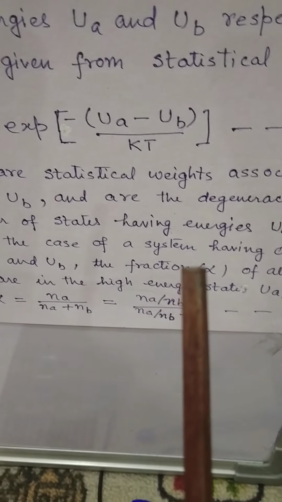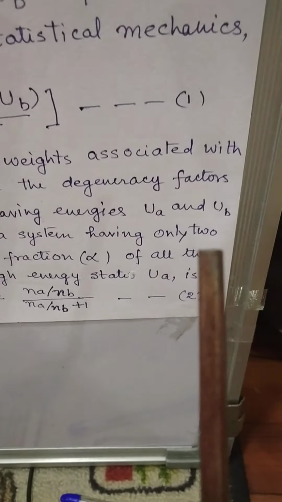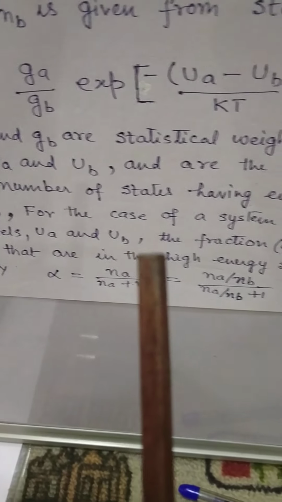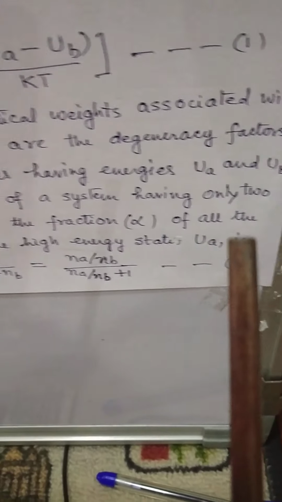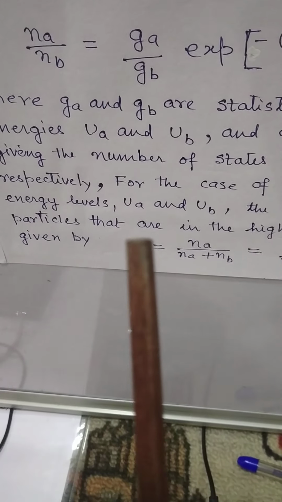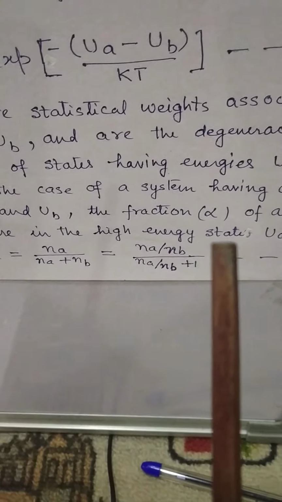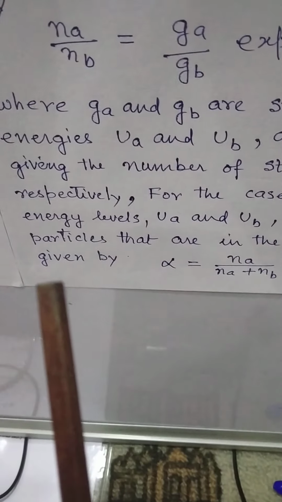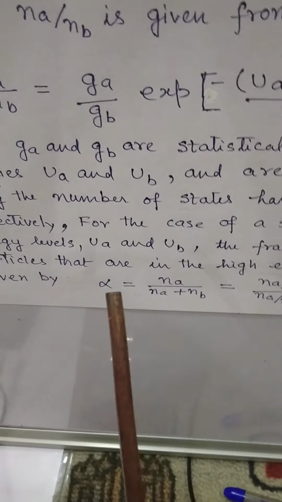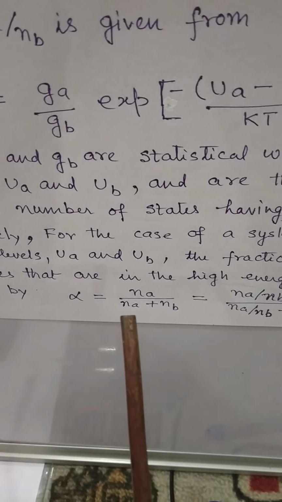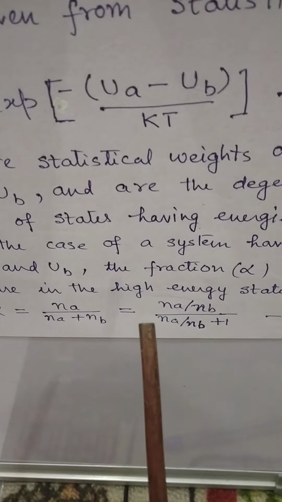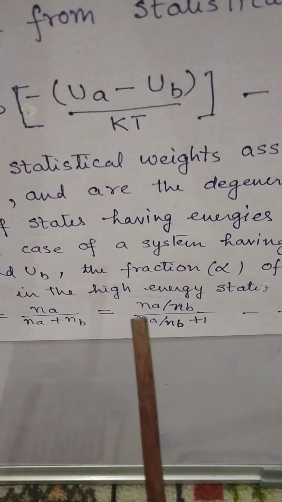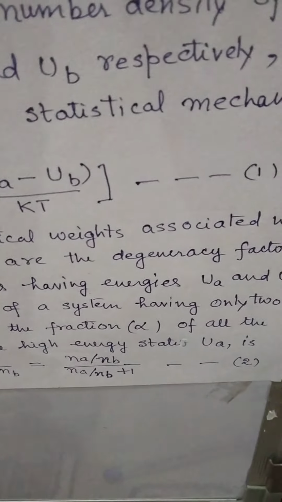For the case of a system having only two energy levels UA and UB, the fraction alpha of all particles that are in the high energy state UA is given by alpha equal to Na divided by (Na plus Nb). This is equal to Na by Nb divided by (Na upon Nb plus 1).